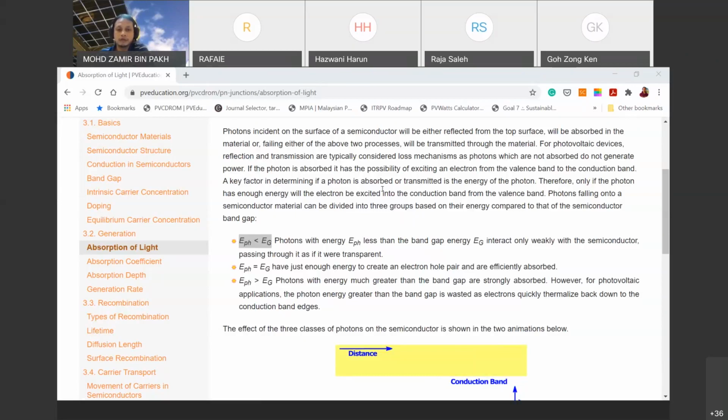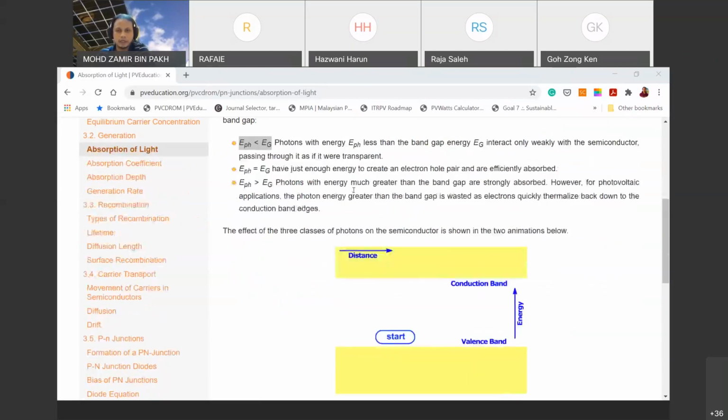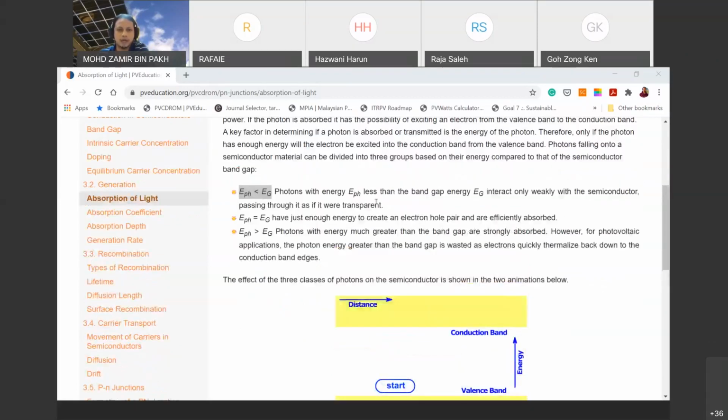Okay, so case number two. Case number one, it was transparent. Case number two, what if the photon energy is equal? It has the right energy, just like the energy of the band gap, so the photon energy is 1.12 electron volt, just enough. The keyword here is just enough to create an electron hole pair and efficiently absorb.